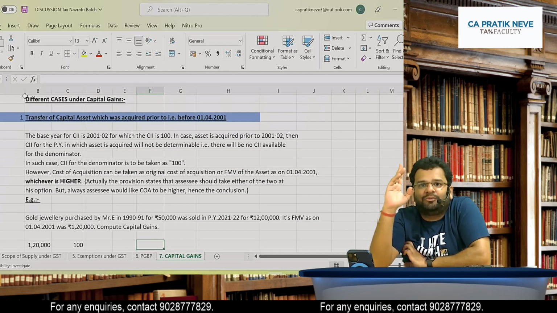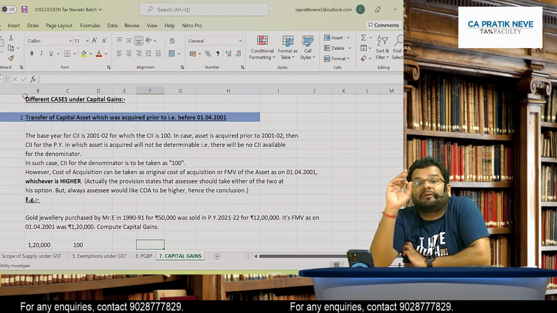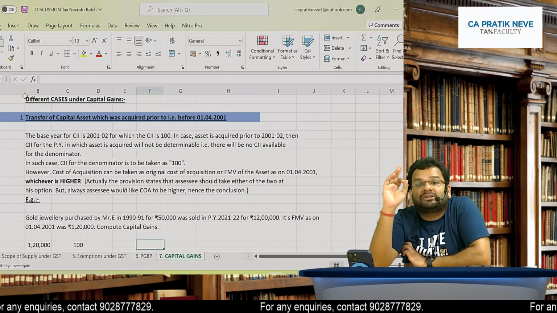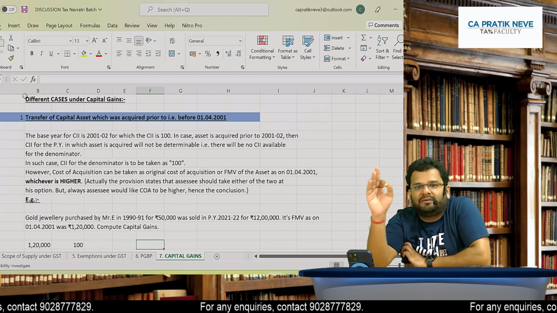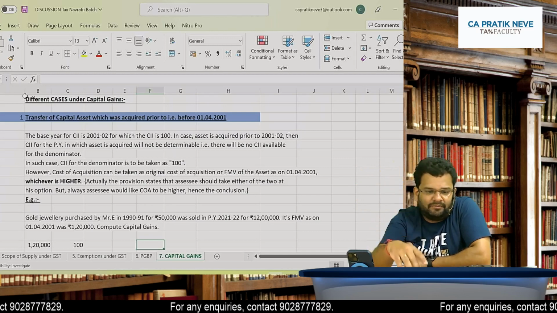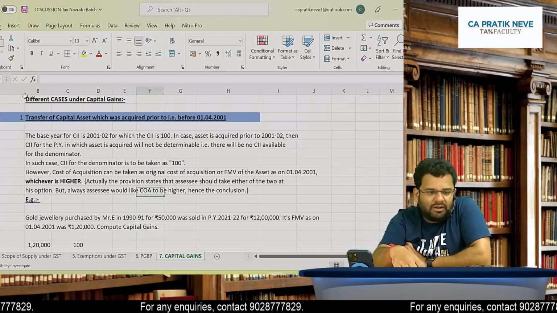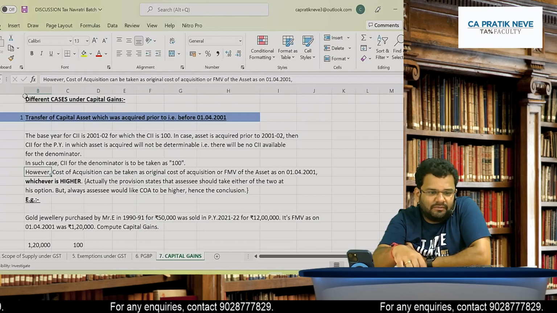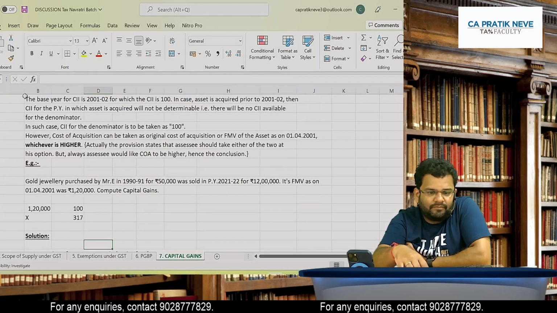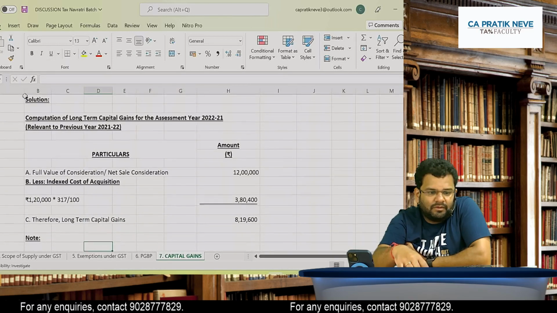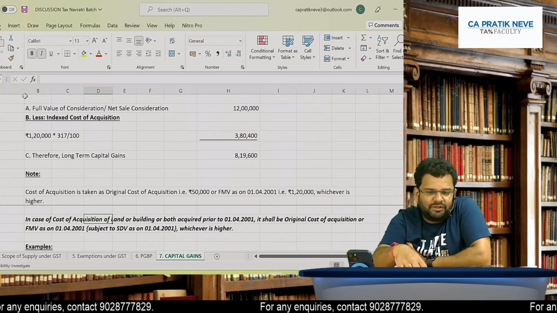Agreed, all of you? Acha, but if we are talking about immovable property, then what is the restriction? Check here. What is the restriction? Do you remember the restriction?